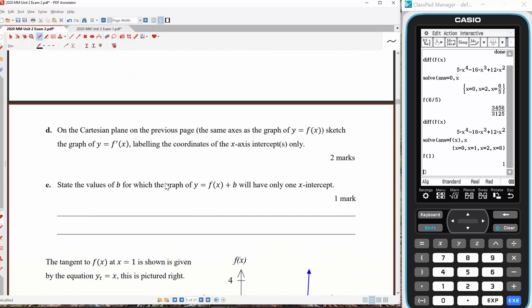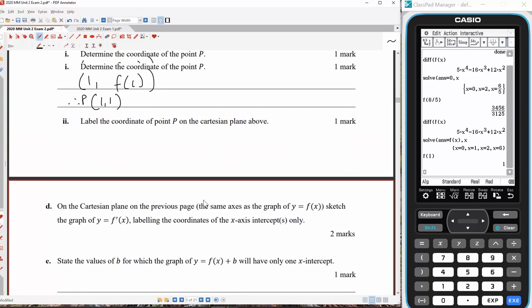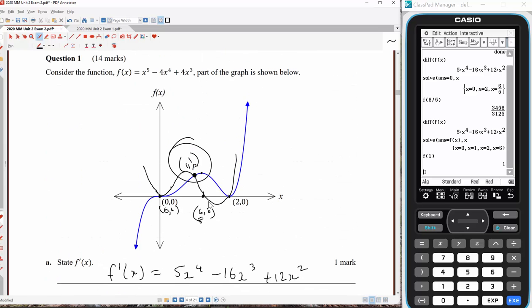State the values of b for which the graph of f of x plus b will have only one x-intercept. All right, so what we're doing basically is we're lifting this original graph either up or down, okay? And what we're trying to do is create a situation where it intercepts only once.